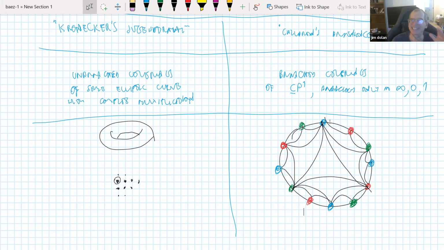It's slightly delicate. It's subtle because the universal profinite completion is bigger than the original thing, and the automorphism group is also bigger.